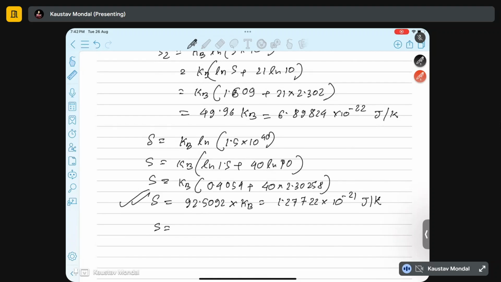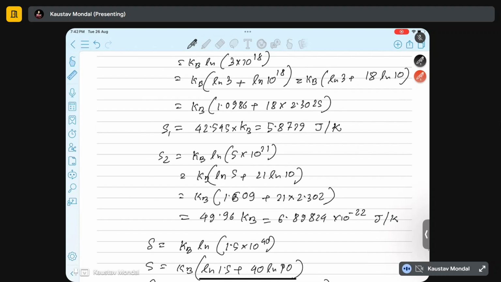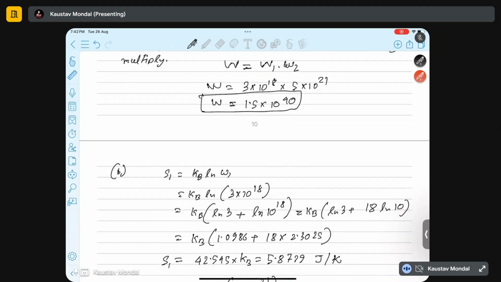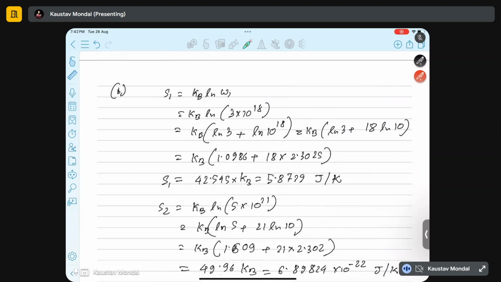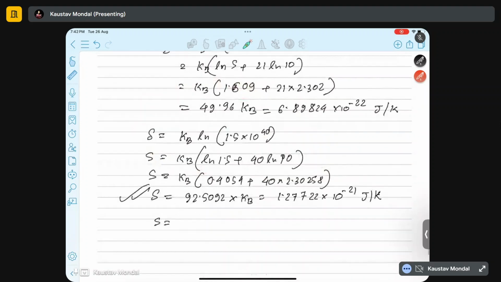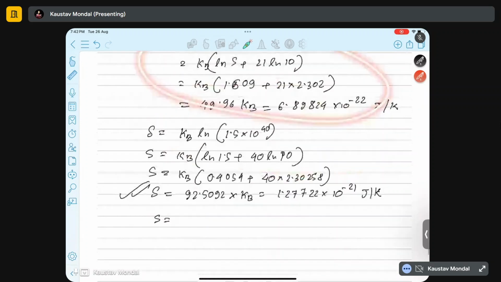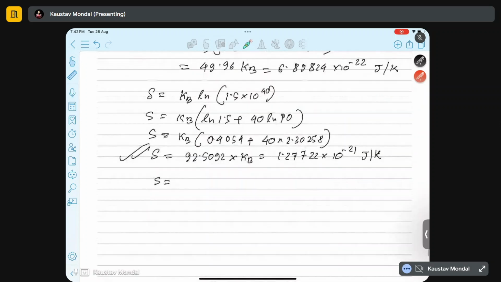One way is to calculate the multiplicity of the whole system, and from there you can calculate the entropy S1 of the first subsystem and S2 of the second subsystem, and just add them: S equals S1 plus S2.